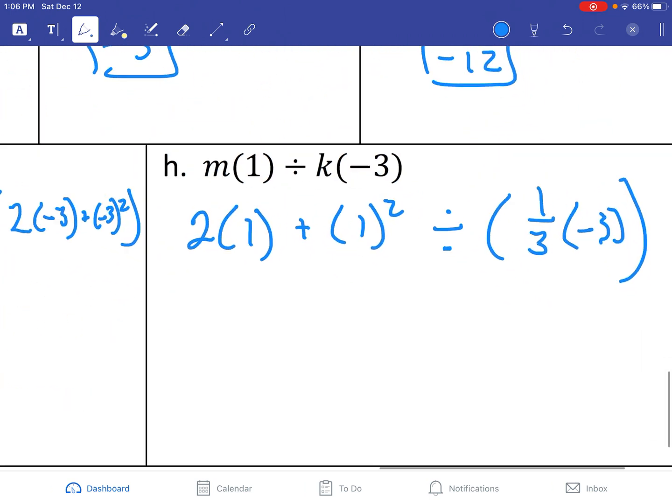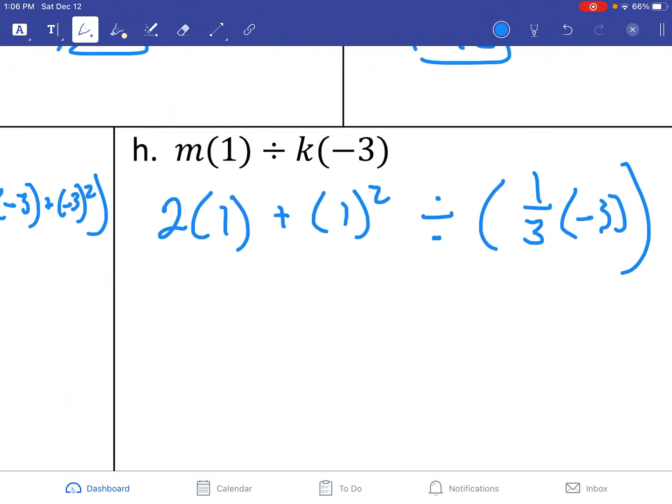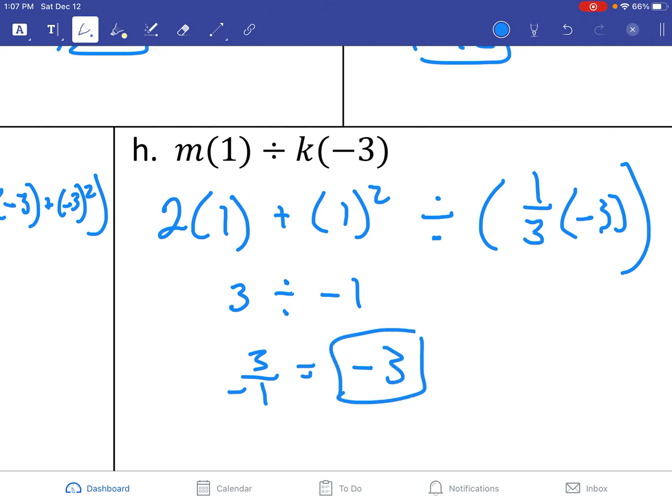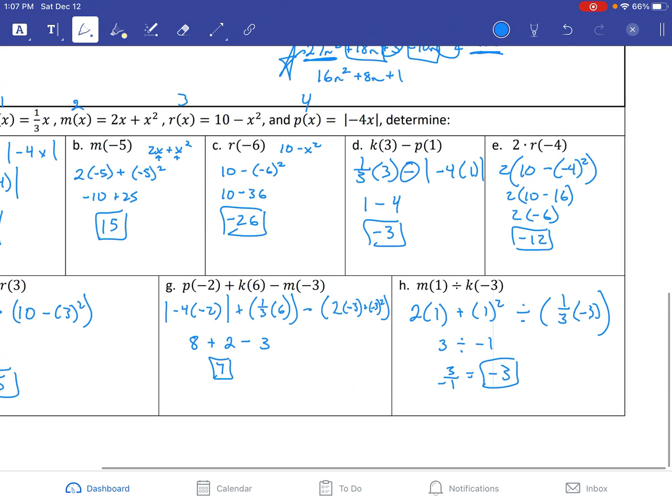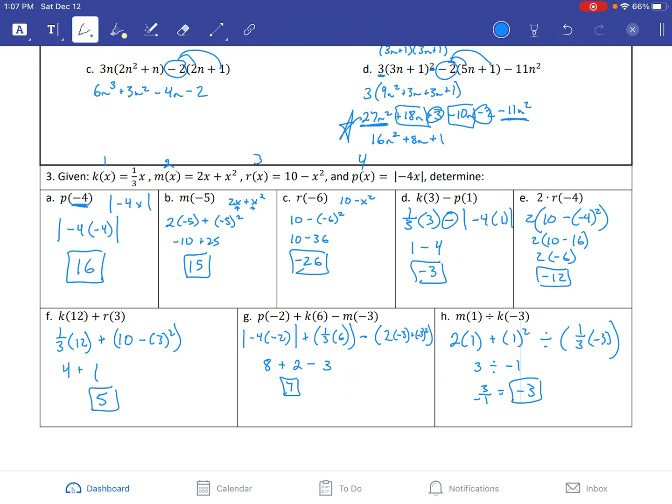So let's figure out what these are individually first. So 2 times 1 is 2, plus 1 squared is also 1. So it's 2 plus 1 is 3. Divided by 1/3 times negative 3 is going to be negative 1. So 3 divided by negative 1 is equal to negative 3. All right, and that is Power Standard 4.